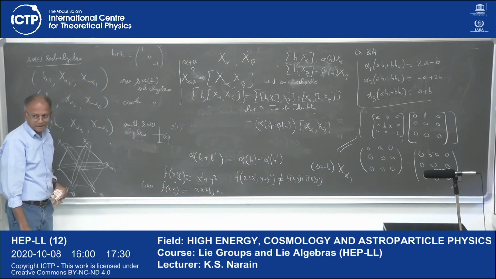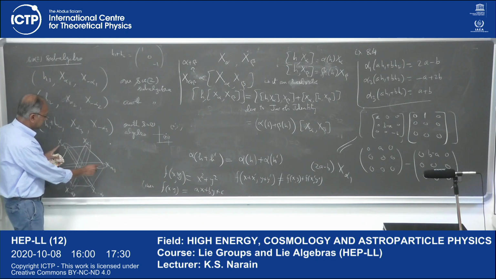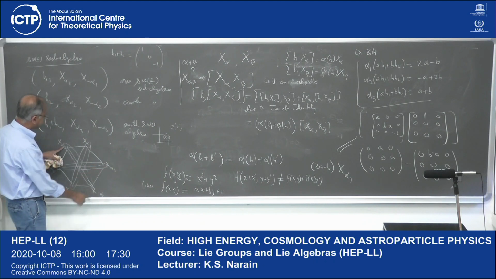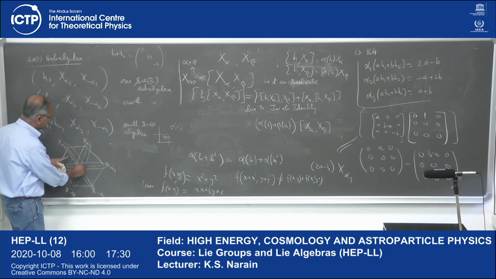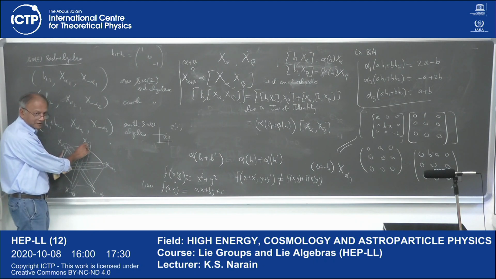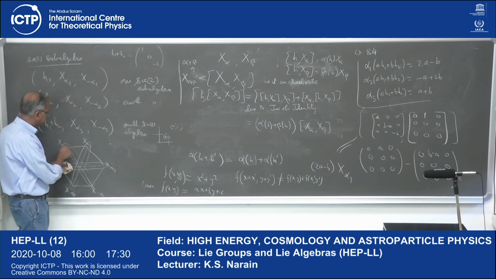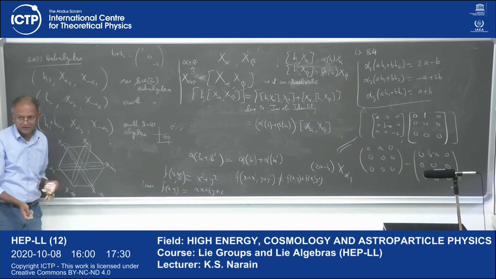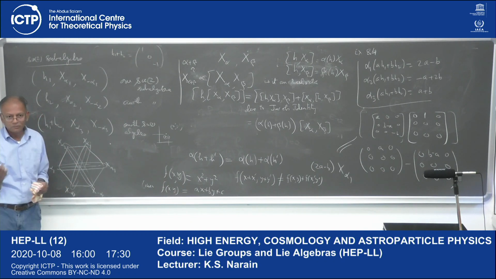On the other hand, if I take alpha equal to alpha 1 and beta equal to alpha 2, the sum of these two vectors is that. So the commutator of x alpha 1 with x alpha 2 is going to be some number times x alpha 3. That number could be 0, of course.